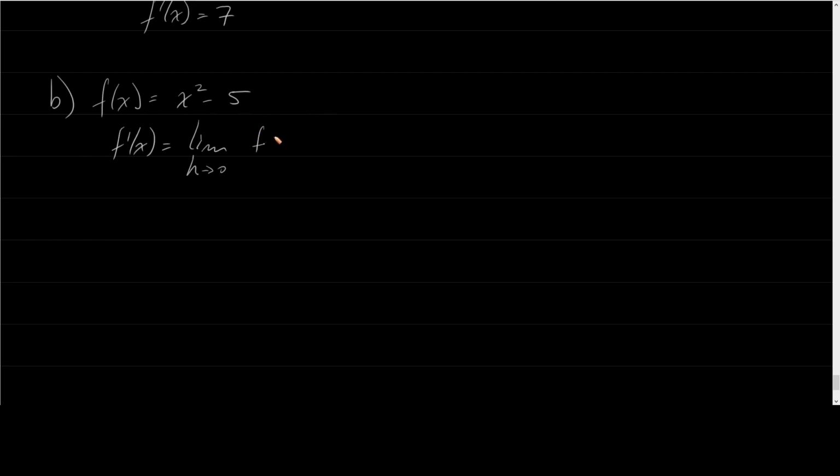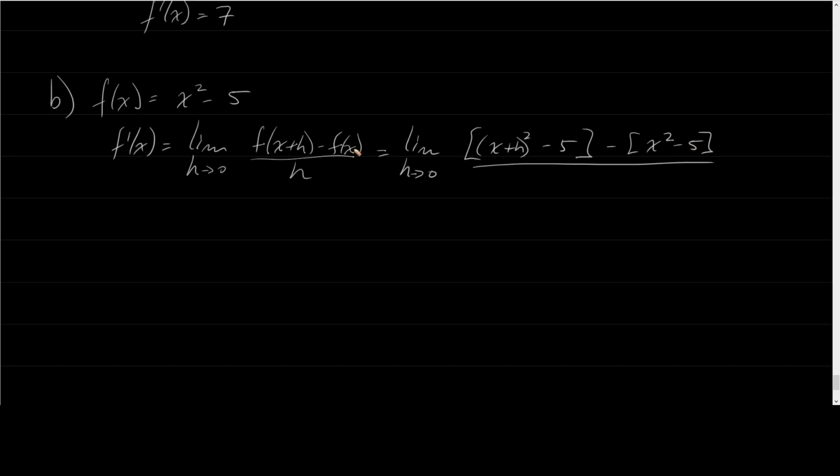I'll write it again: f of x plus h minus f of x, all of this over h, which gives us the limit as h goes to 0 of x plus h squared minus 5. That's me plugging x plus h into our function, minus x squared minus 5. That's just our f of x, and all of this over h.